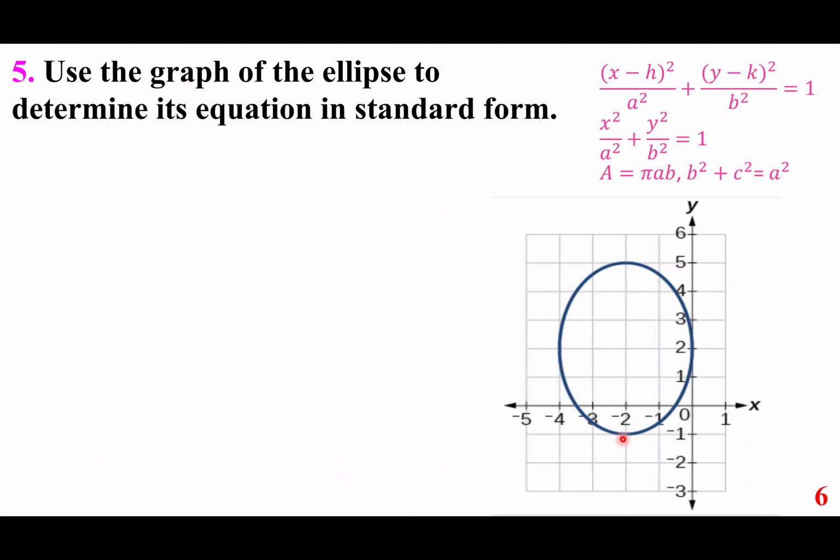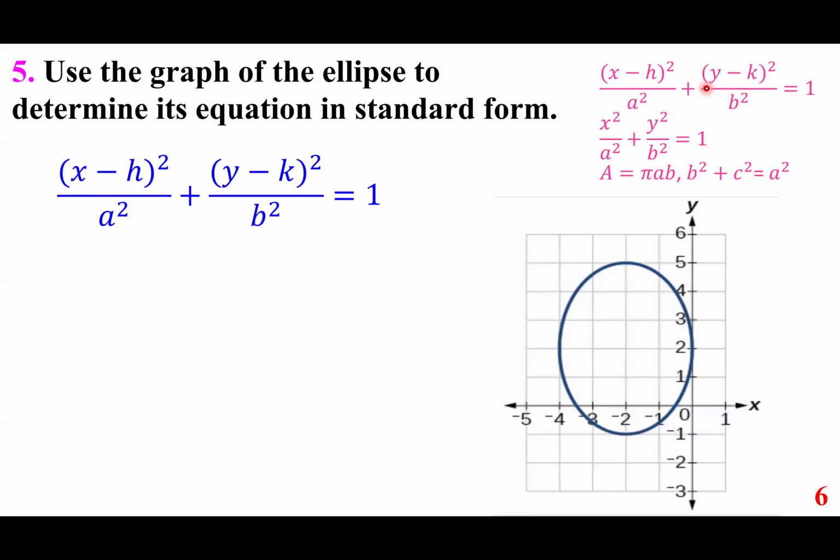Use the graph of the ellipse to determine its equation in standard form. And of course, we want to go with that. So the first thing we look at is the center. Clearly, it's located at negative 2, 2. Now, let's look at these 2 points and these 2 points. These are the vertices.